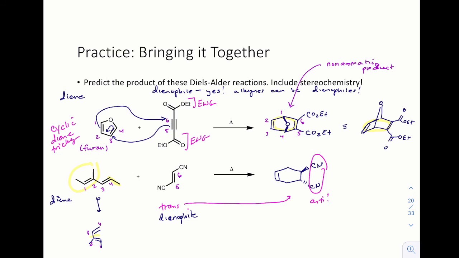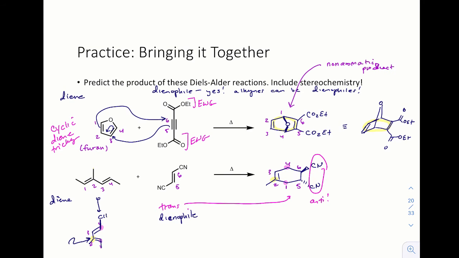So here is everything else on carbon 3. So on carbon 4, the methyl group would be trans to it. Now we know that the substituent on carbon 2 is not going to form a stereocenter, right? So just put that on there because that carbon does remain sp2 hybridized. However, carbons 1 and 4 become sp3 hybridized and can form stereocenters.